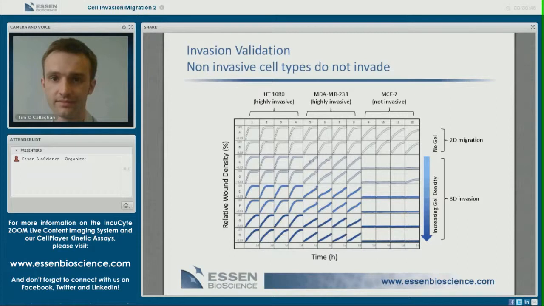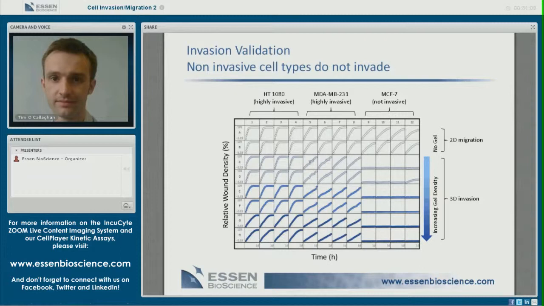Under control migration conditions, we can see that full wound closure was observed for all of the cell lines. However, only the invasive HT1080 and MDA-MB231 cell lines could penetrate the extracellular matrix and begin to close the wound. The MCF7 cells remained non-invasive over the whole course of the assay.